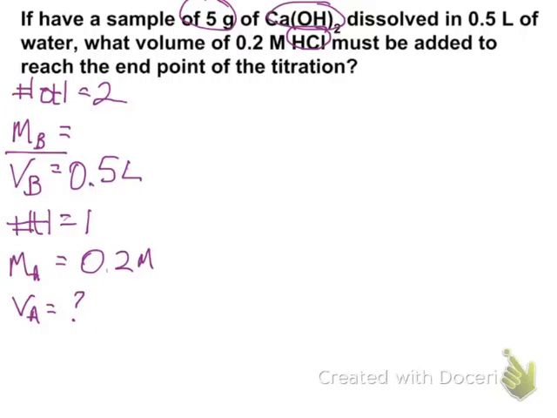So we know it's moles per liter for molarity. So we've got 5 grams of CaOH2.